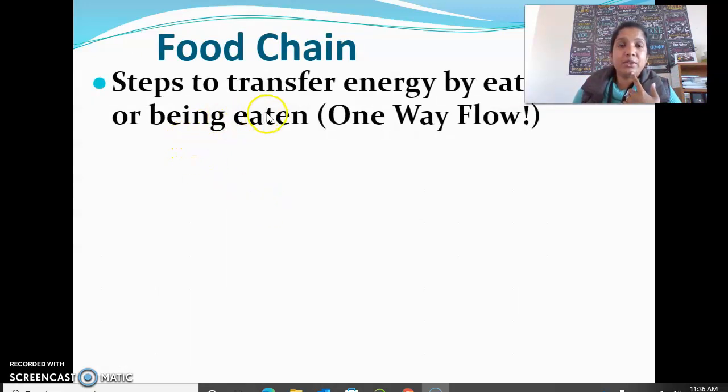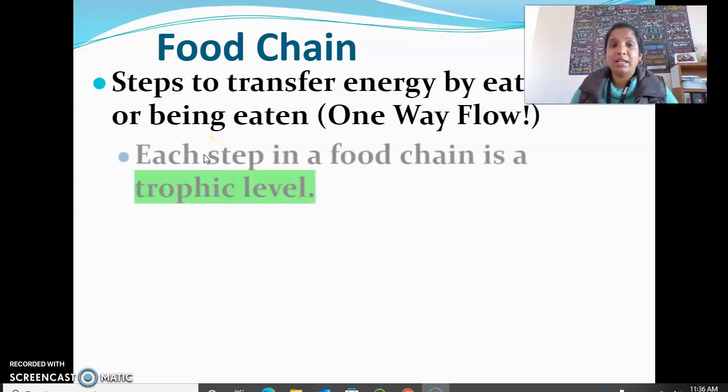And the steps to transfer energy by eating or being eaten: the food chain. A food chain is the steps in which energy is transferred by eating or being eaten. What does it mean? Let us see with some examples. Each step in a food chain is a trophic level.